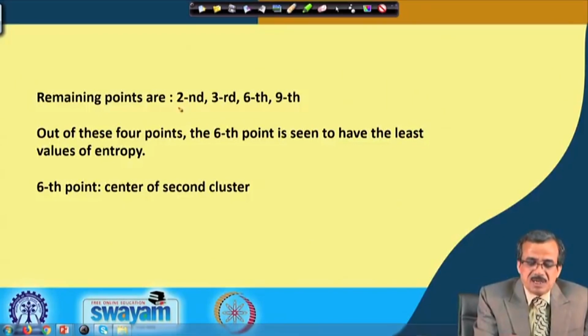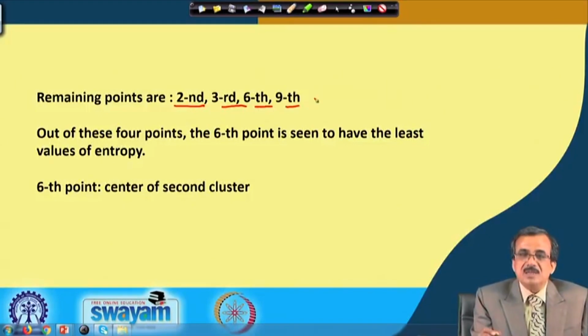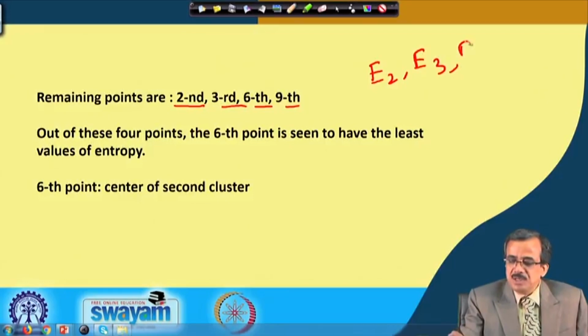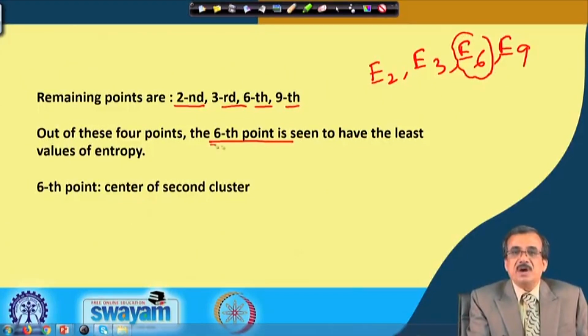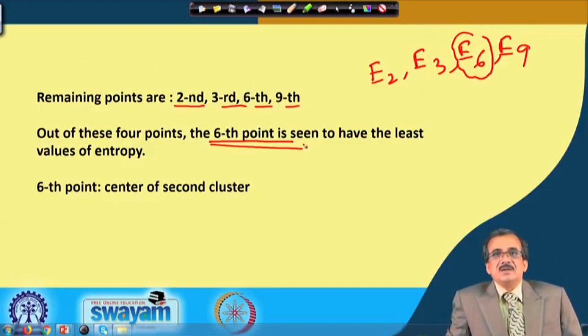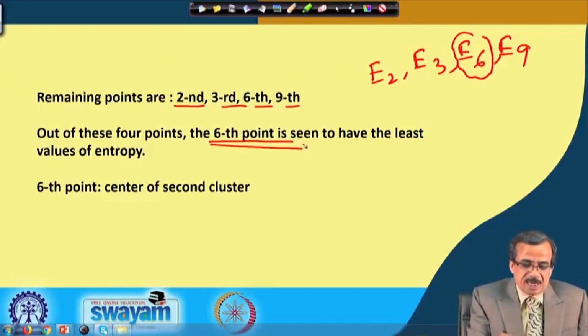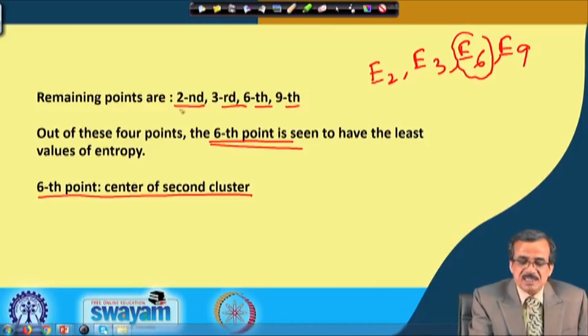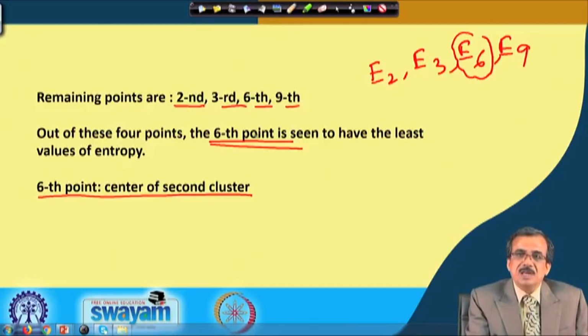The remaining points are nothing but second, third, sixth and ninth, and out of these, if you compare the E values, that is E2, E3, E6 and E9, this E6 is found to be the minimum. So, the sixth point will be considered as the second cluster center, and once you have considered the sixth point as the second cluster center, once again you see the similarity of the other points like second, third and ninth with the sixth, and those similarity values we have already considered.